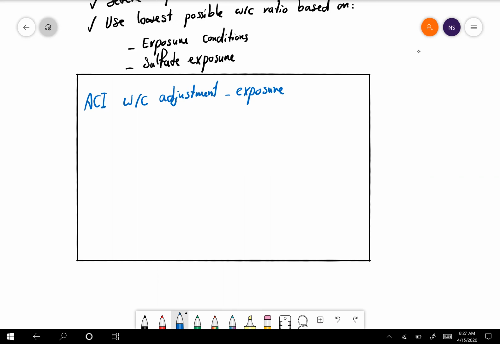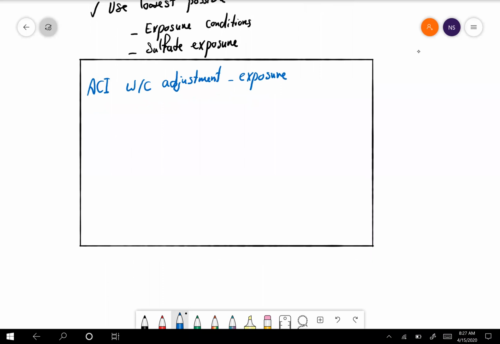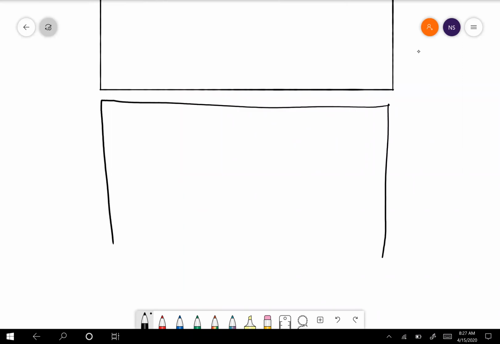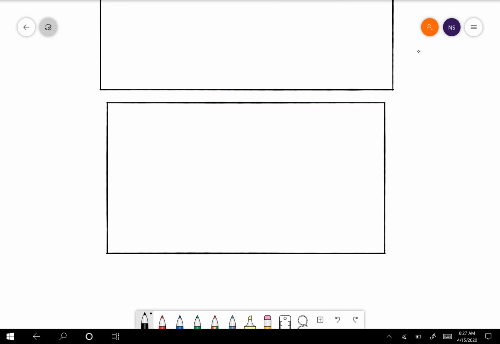after our meeting. Okay, so that's based on general exposure, and then there's another table again from ACI. So it's another table from ACI that will be again the W2C adjustments for sulfate exposures, again from ACI, right?